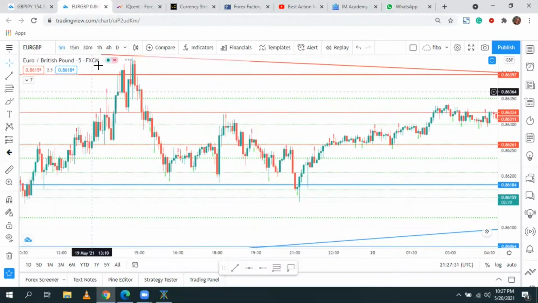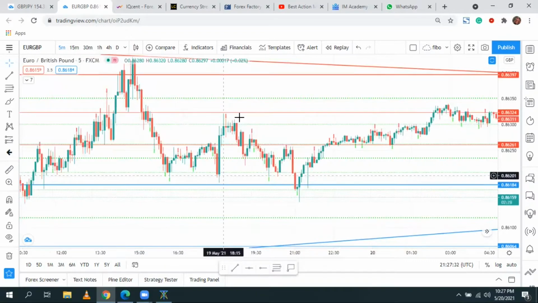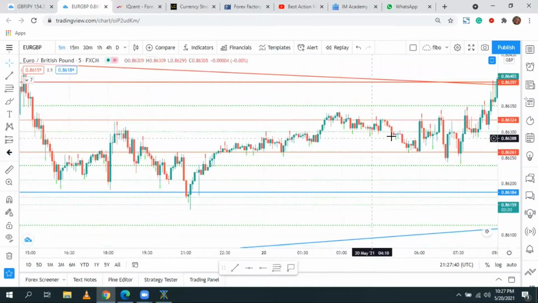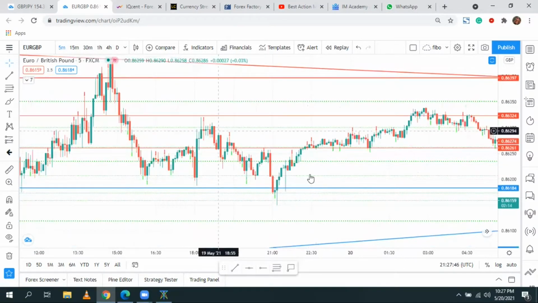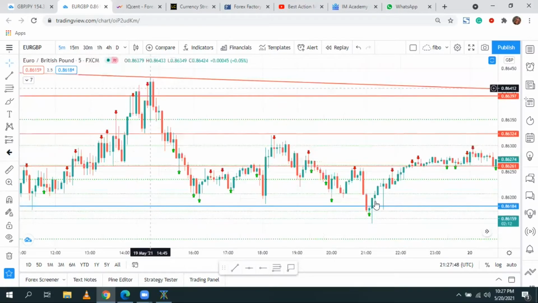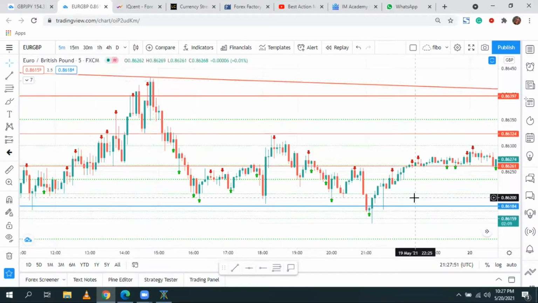This was a downtrend. It came here, then it started moving in between the zone. It moved in between the zones for a very long time. So now, you saw this market. Let me show you. This was a downtrend, right? You can see the market was coming down.